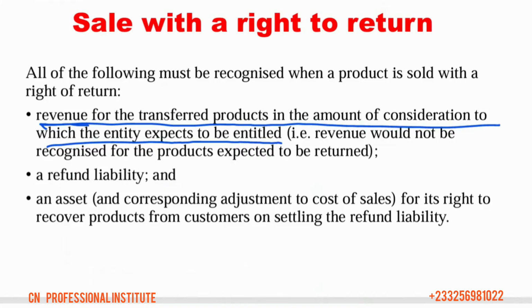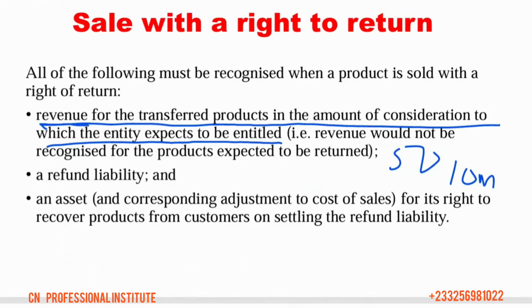Let's say you sold goods worth 50 million to a customer. And you said, okay, the customer has the right to return, let's say, 10 million from, let's say, January to the following year.